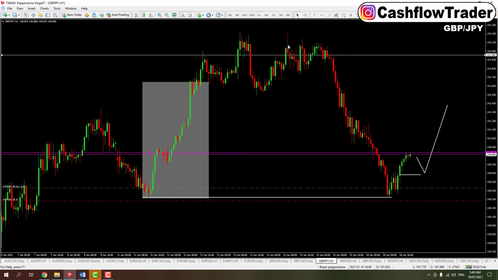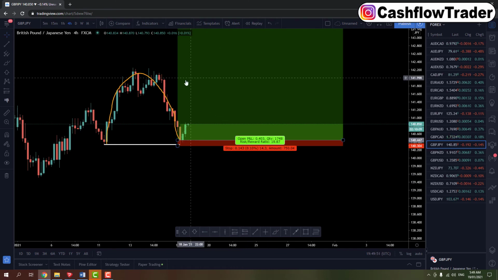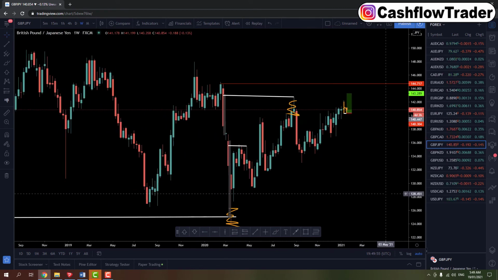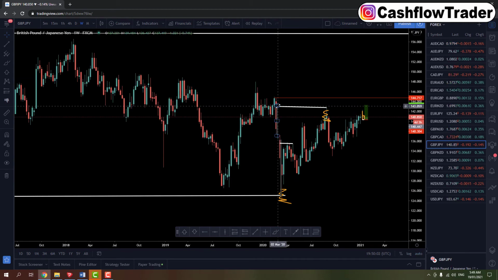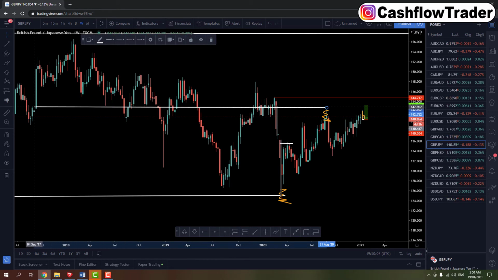Alright, let's explain the take profit. Why here? So going back to weekly, as you can see, there's a very strong resistance around these levels here. If you go back, and if I stretch this up here, see very strong resistance around these levels.